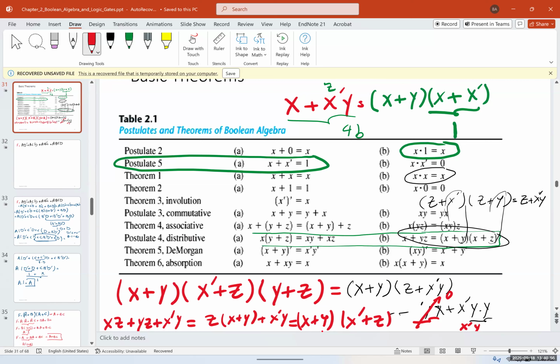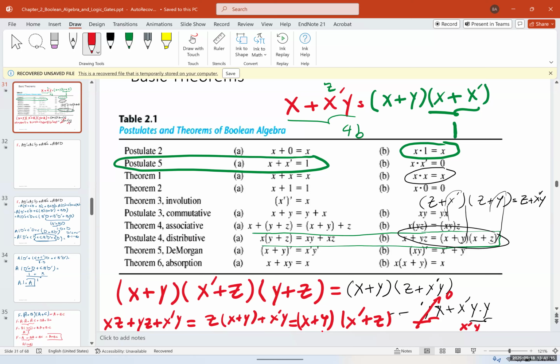And we can see that both of them have the same number of literals. So you're going to have multiple answers. All of them would be correct, but you're not going to reduce the number of literals and gates.